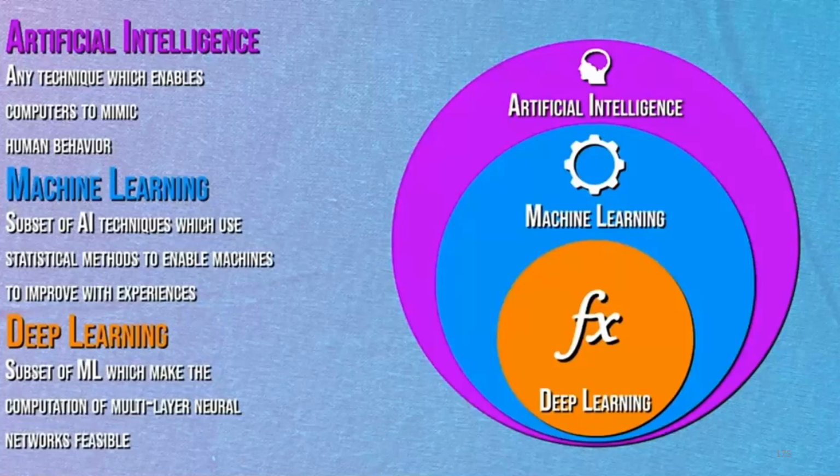Machine learning is one part of that, maybe one state, Karnataka, Andhra Pradesh, or some other state. Deep learning is a sub-part of machine learning, maybe one city like Bangalore. So AI is the broader place, and then a lot of things will come. One of the components will be machine learning and deep learning. In the next classes, maybe business analytics or AI, we'll talk about AI and deep learning, everything.